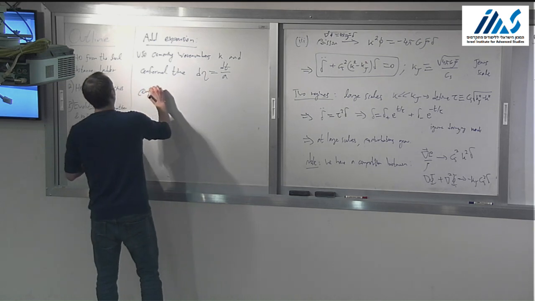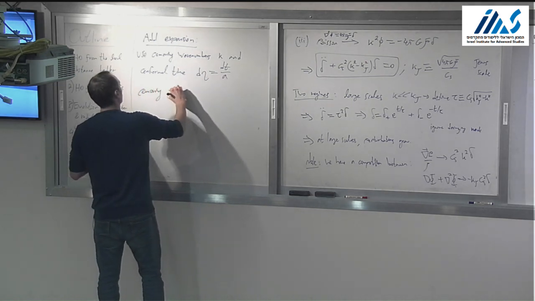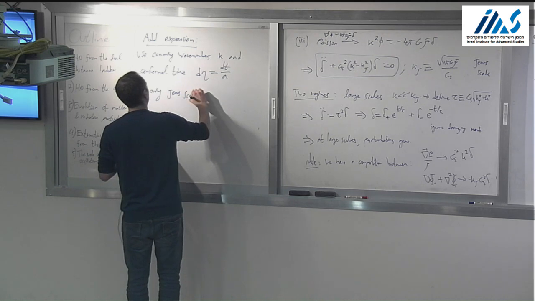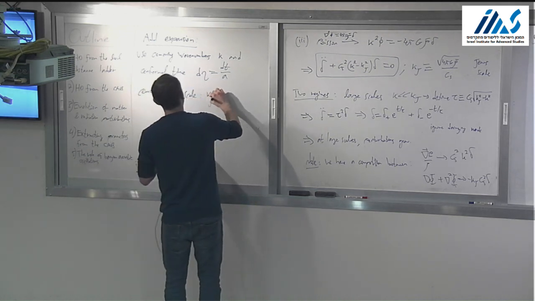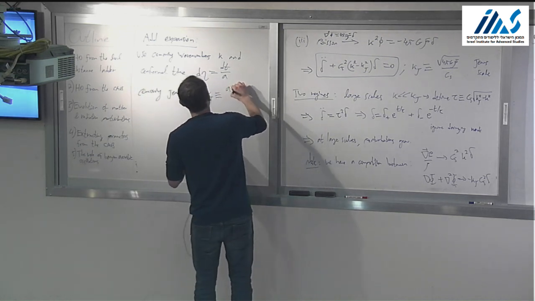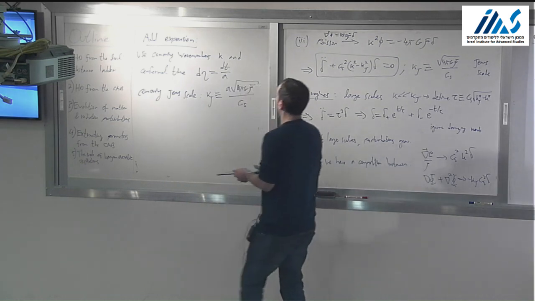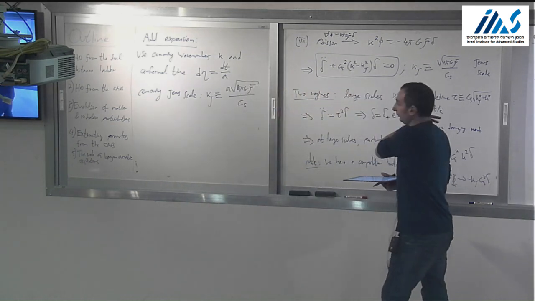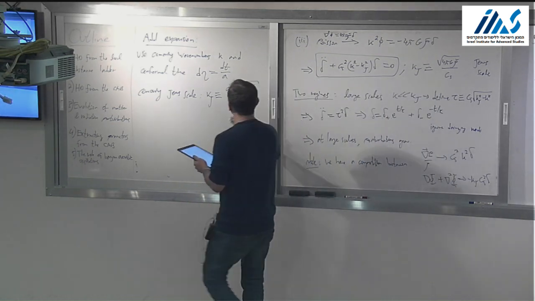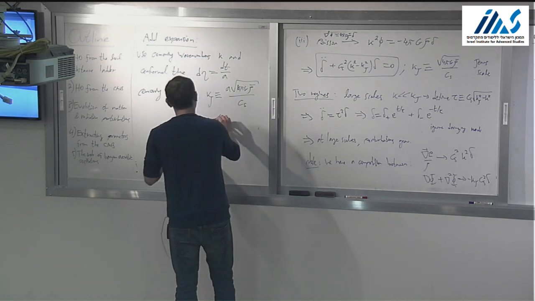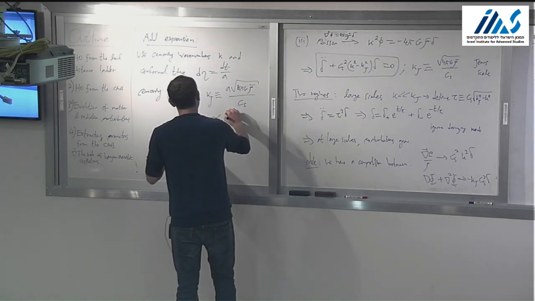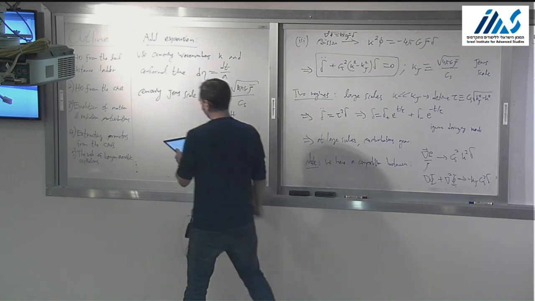And we're going to use the co-moving Jeans scale, which is k_J equal to a times the square root of 4 pi G rho over c_s. So what you see here is that from the Friedmann equation, this is of order aH over c.